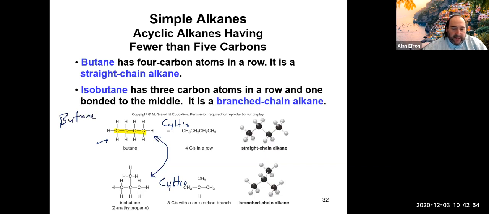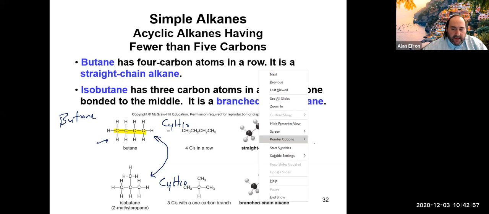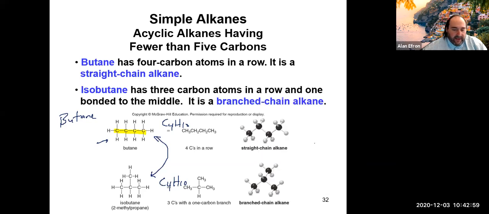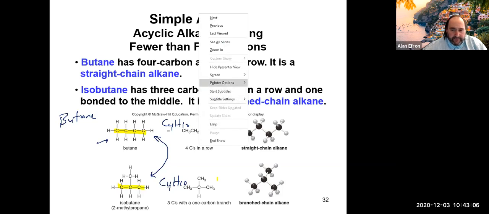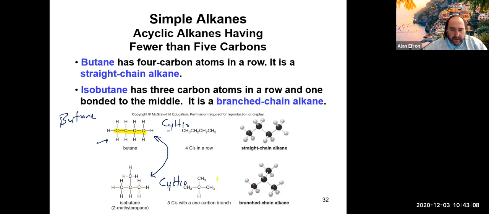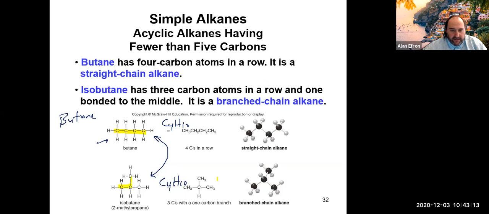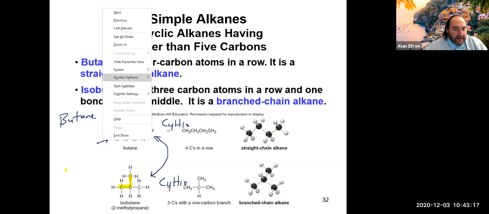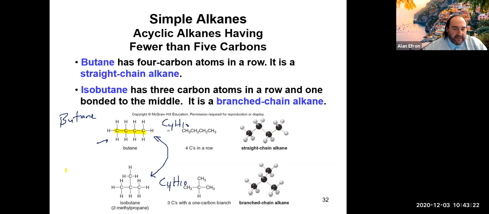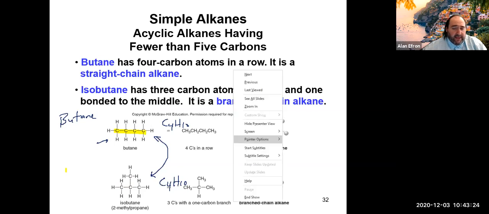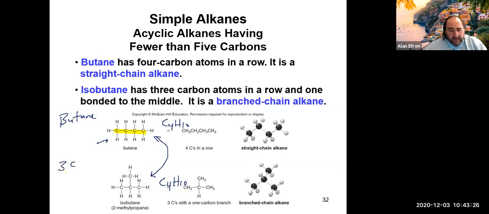But if we look at the one at the bottom and count how many carbons we have in a row, we have 1, 2, 3. That's a dead end, right? If we decided to go a different direction, we have 1, 2, and 3, also a dead end at that point. So no matter which way we go, the most carbons that we have in a row is only 3.